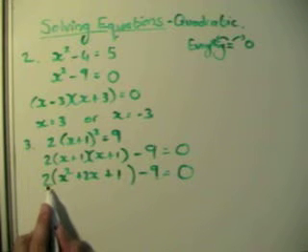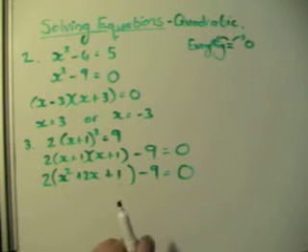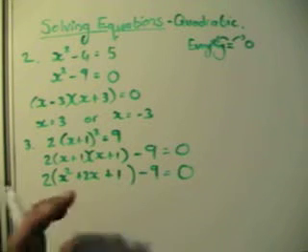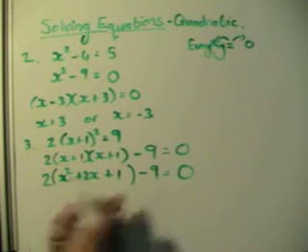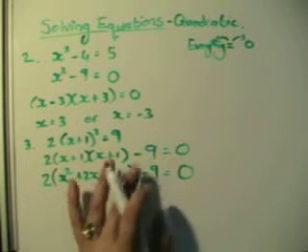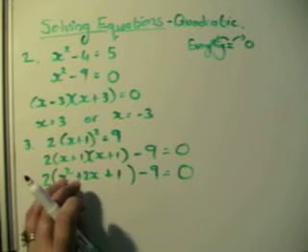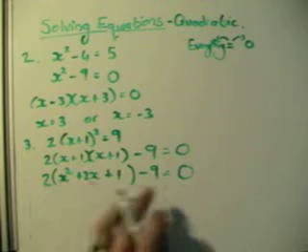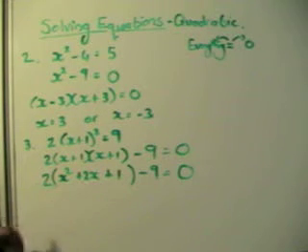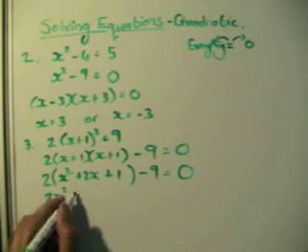Now I want to include this 9 in the whole equation before I start factorizing. This 9 is like a lonesome outsider, and I need to make it part of the group so that it doesn't feel all left out.